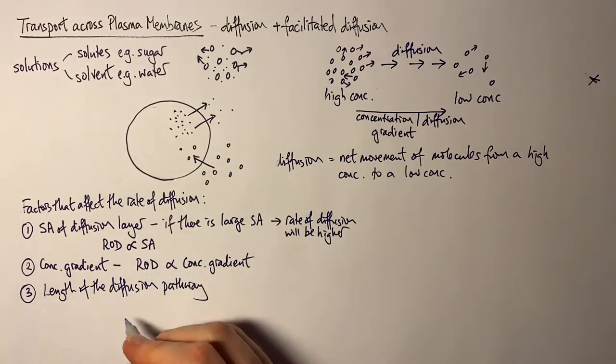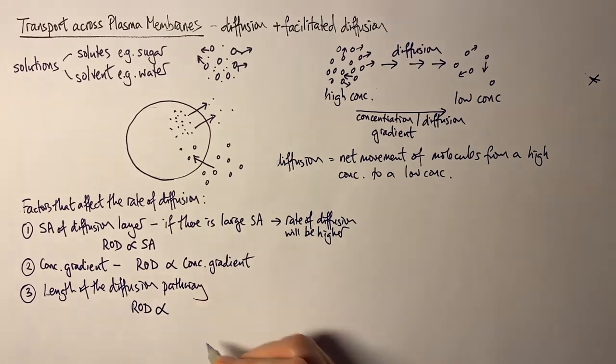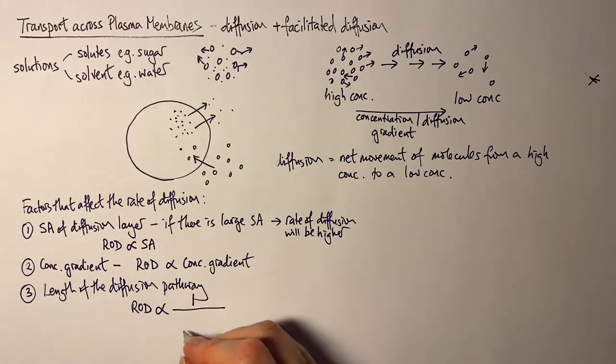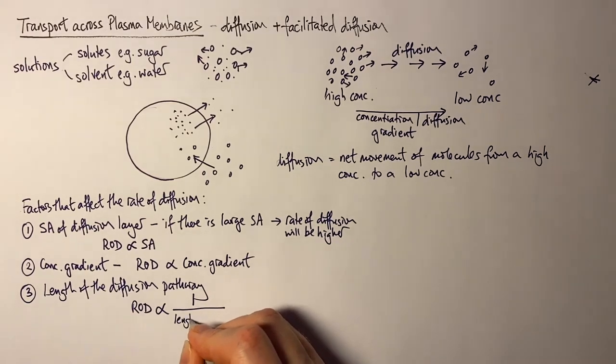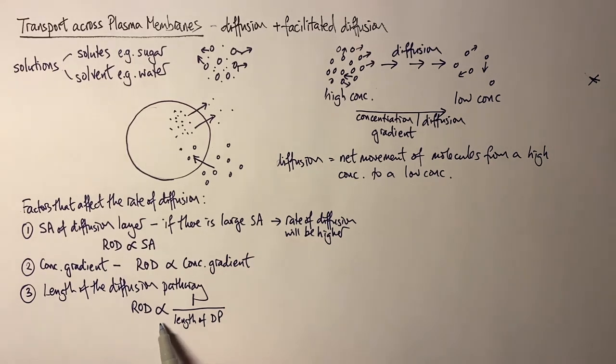So we can say that the rate of diffusion is proportional to 1 over the length of the diffusion pathway. And so we say this is inversely proportional. So the rate of diffusion is inversely proportional to the length of the diffusion pathway.